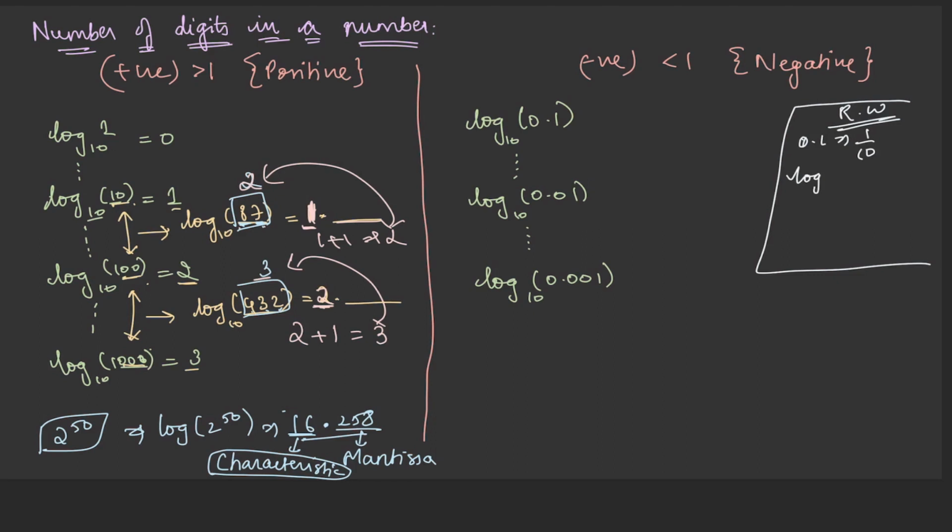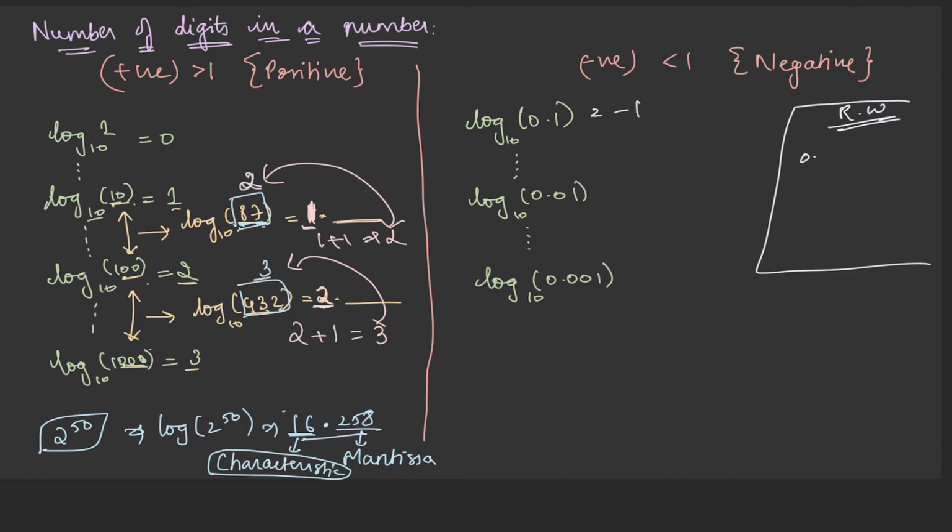So log of 1 by 10 to the base 10 is log of 10 to the power minus 1, because 1 by x is x power minus 1. By our property, minus 1 can come out front, giving minus of log 10 to the base 10. Log of a to the base a is 1, so the value is minus 1.